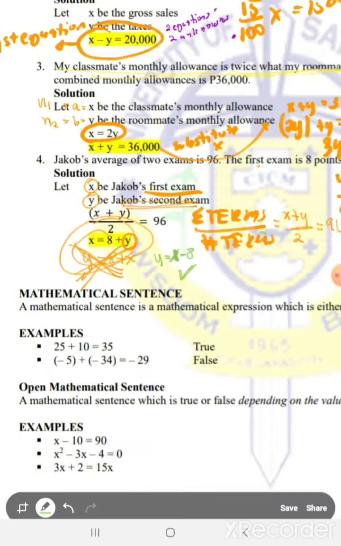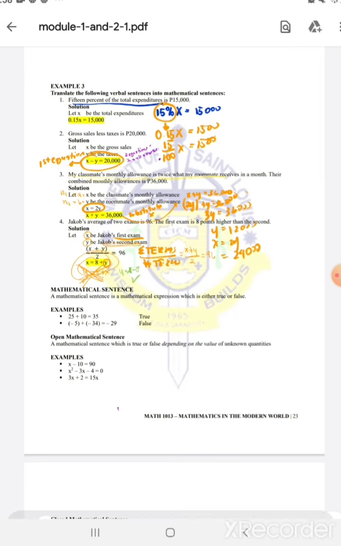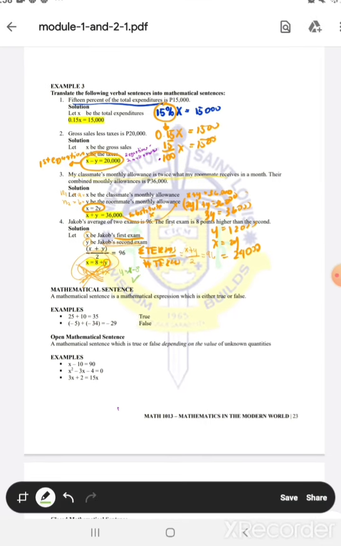So, in your example number 3, guys, you should label your variables correctly in the way that you understand, and also so that the person who would solve your equation will understand. So, let's proceed to your mathematical sentence.